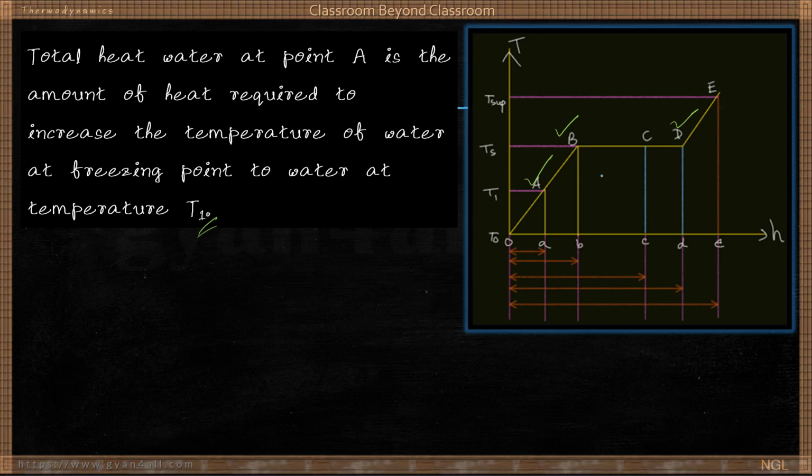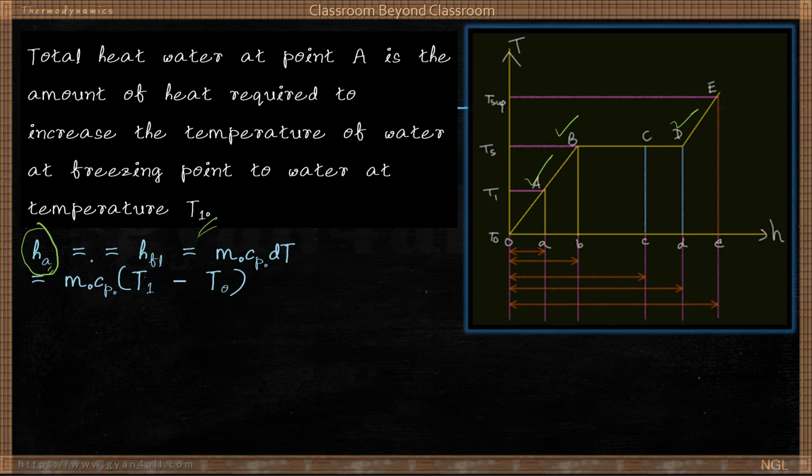So what is the total heat of water at point A, the total heat from freezing point? The temperature is T1. If we say total heat is HA, A is for the point A, we can write simple H also.